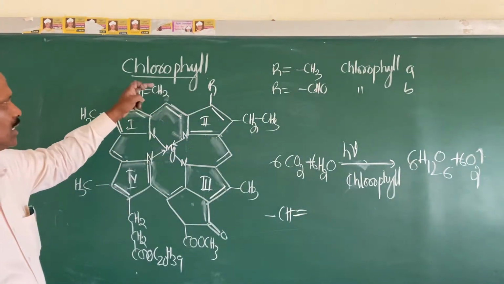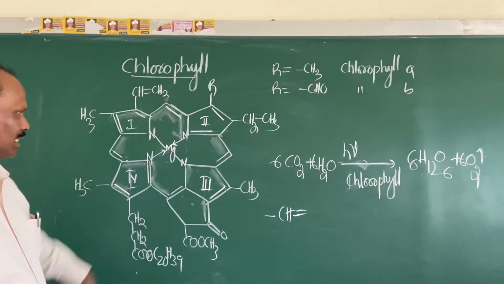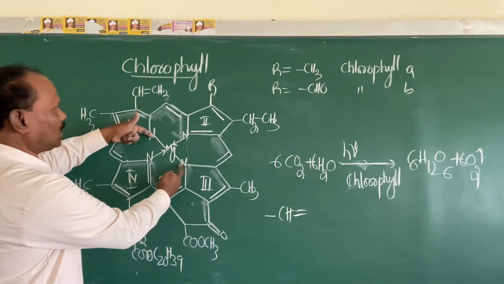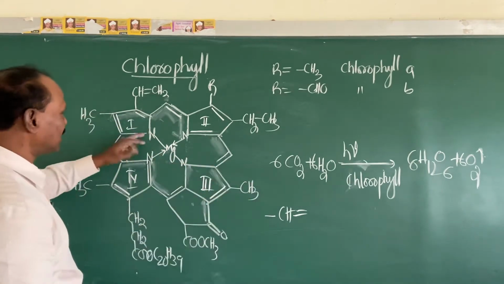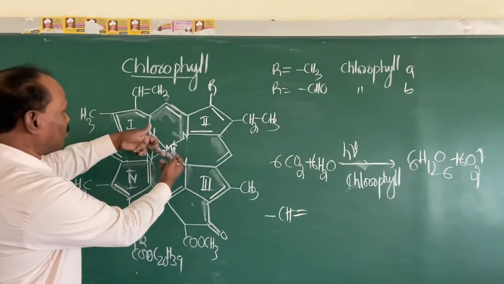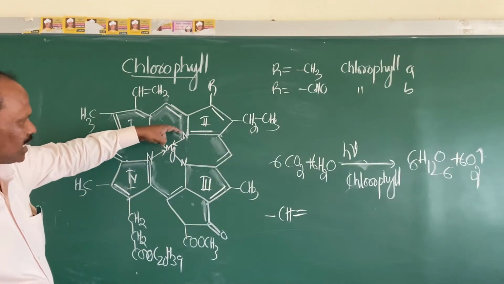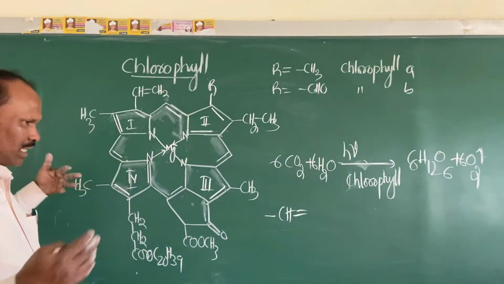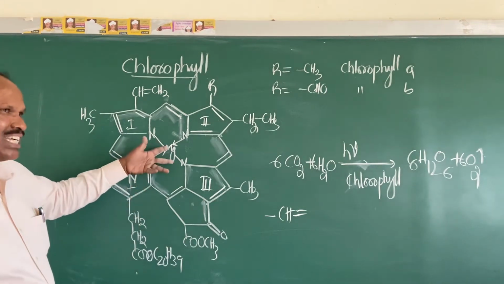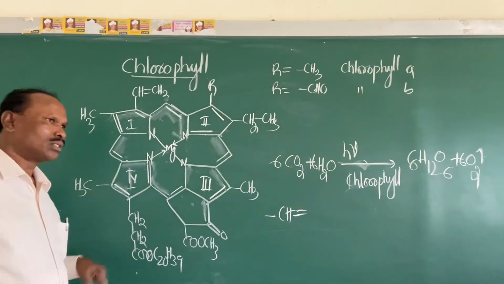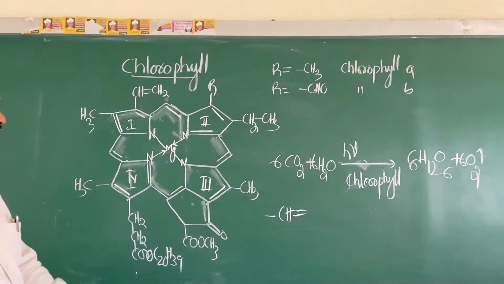Here the 2 nitrogen atoms have given out their hydrogens, and here they form the covalent bond. And a pair of electrons is there on this nitrogen and this nitrogen. They share this with the magnesium and form this coordinate bond. So in other words, it is a metal chelate.